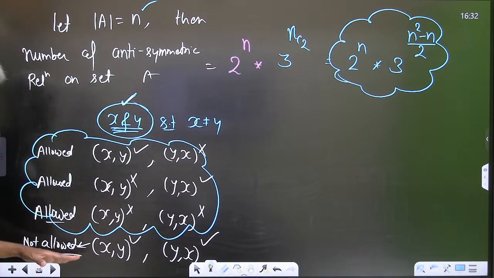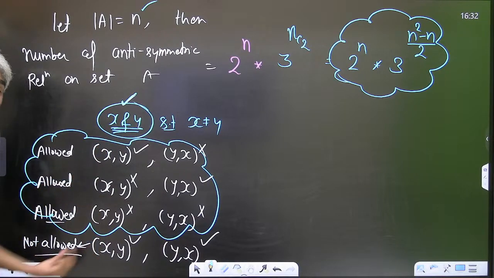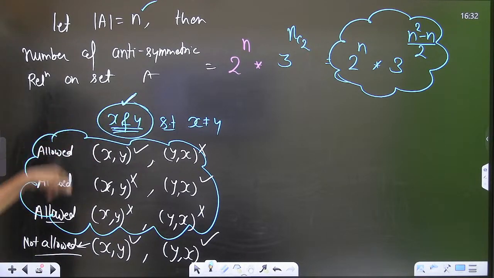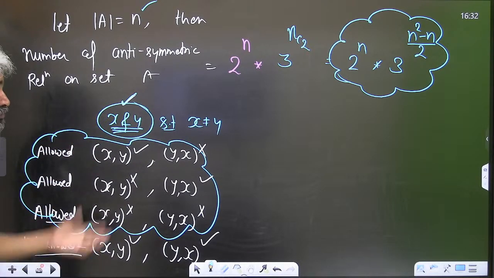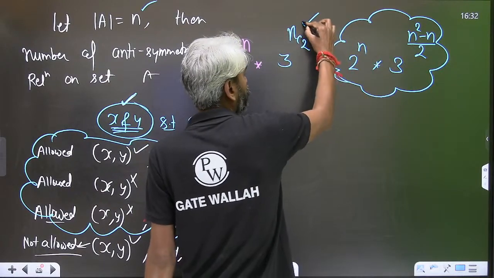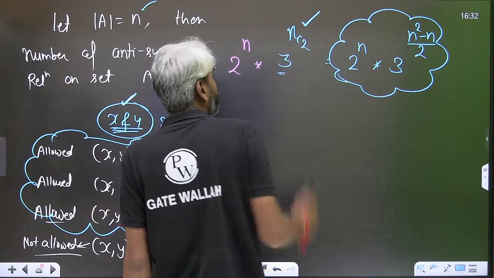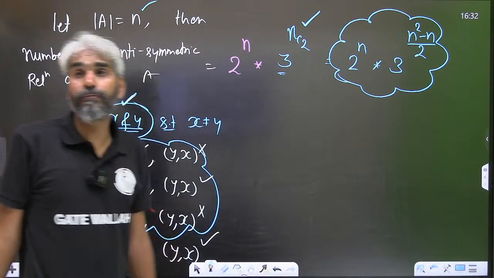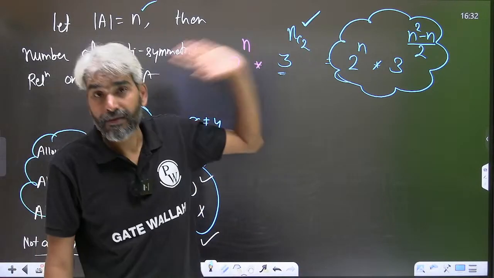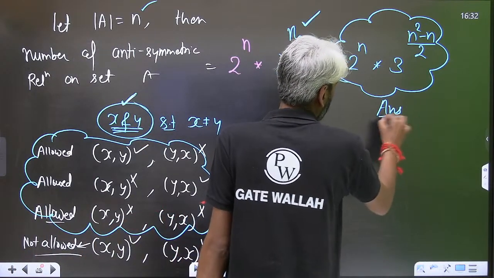So three are the possible cases for two distinct elements, but one case is not allowed. Overall there are four cases. So for NC2 pairs of distinct elements, each pair has three choices. Therefore, the overall number of combinations will be 3 raised to the power NC2. So that's your answer for the number of antisymmetric relations.